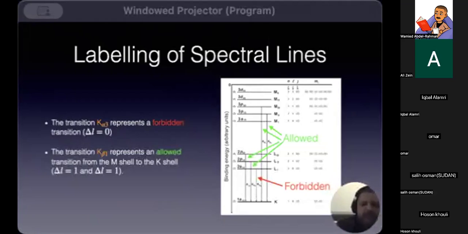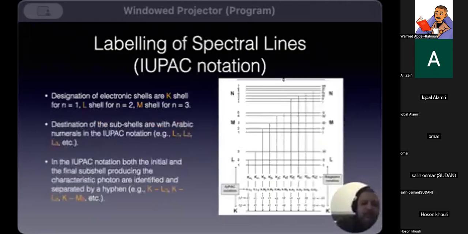From which subshell it is happening is not clear. Whereas in this notation, it's very simple. We just put the transition: this is the initial, it's coming from L3, and the final is K. So the K L3 transition is very clear in what it means.